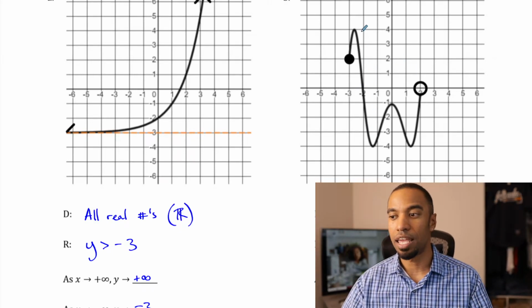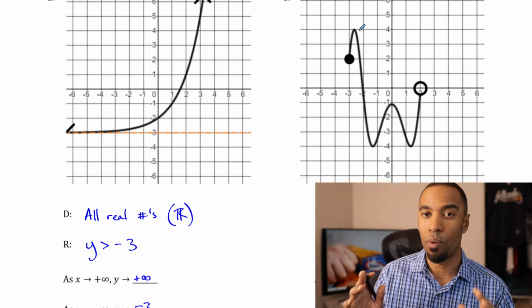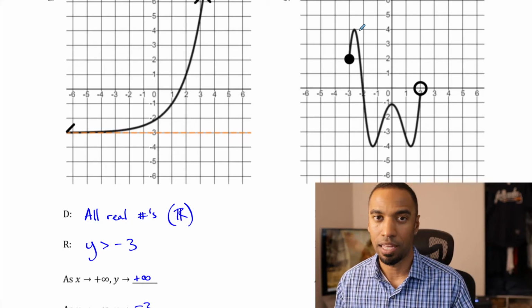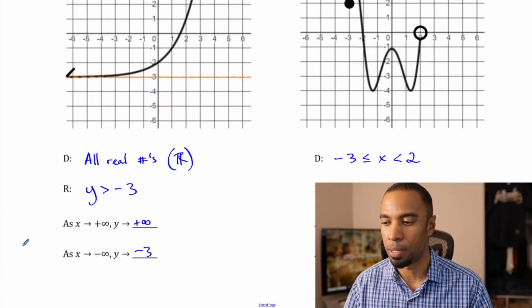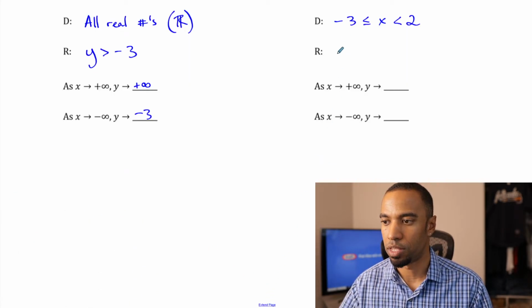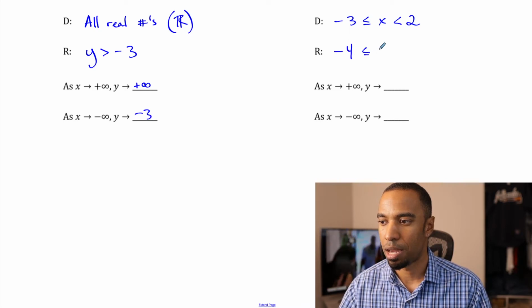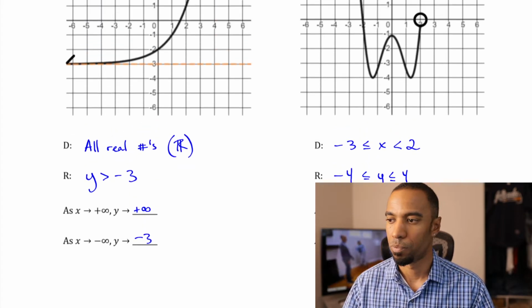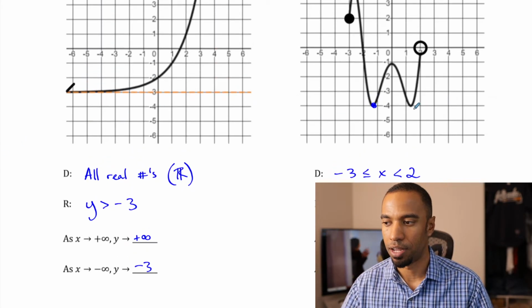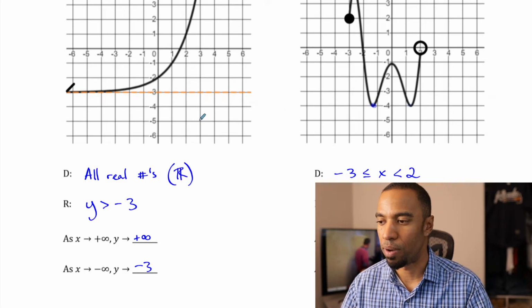You can find every y value here between -4 and +4. So we get to write that as a compound inequality, just like we would ordinarily with the other ones, between -4 and +4, and they are both included as well. Right? I actually hit -4 here and here, things like that. So that's my range for that.